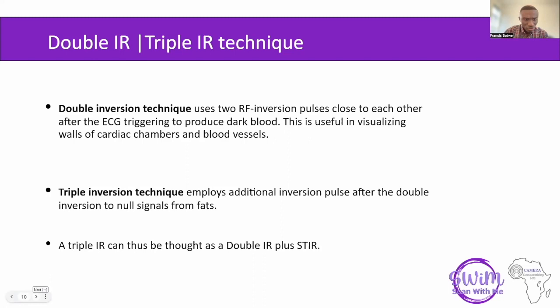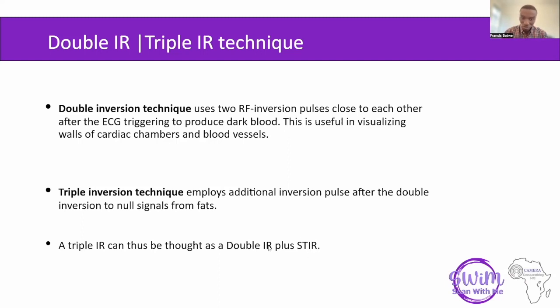So a triple inversion recovery can thus be thought of as a double inversion recovery plus a STIR. We all know from our basic MRI physics that STIR is short inversion recovery. It's used to nullify signal from fat.